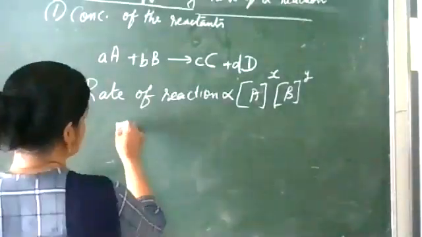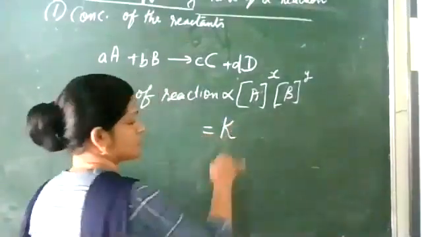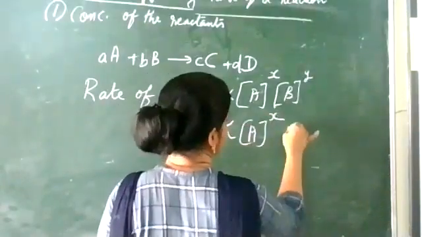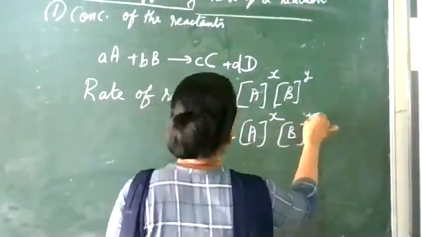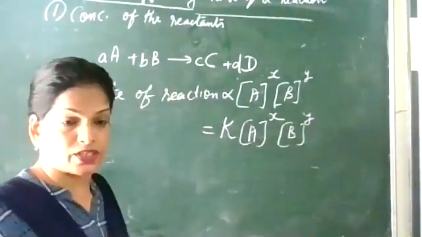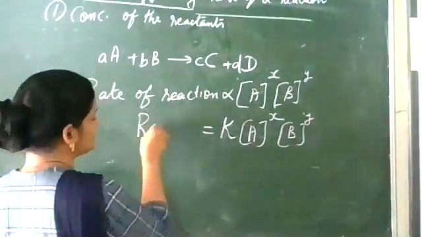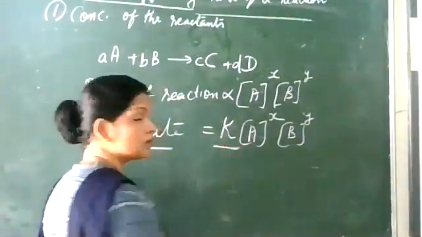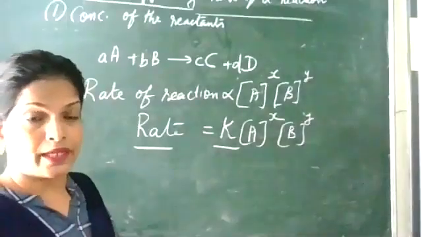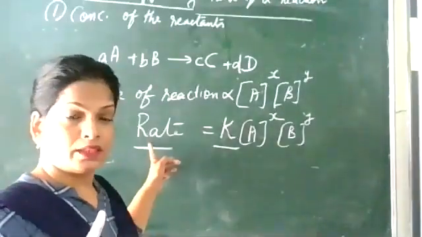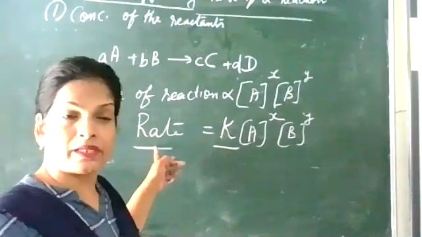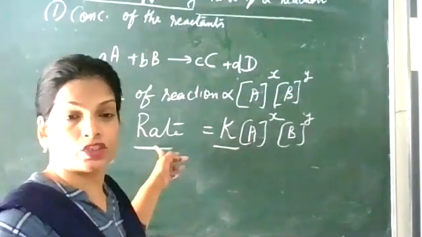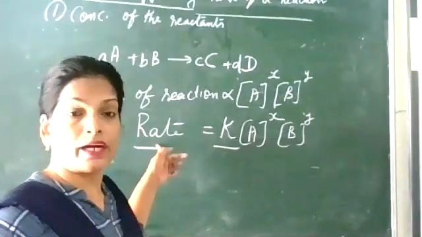So the rate of this reaction is equal to a constant K times [A] to the power x and [B] to the power y. The rate and the rate constant are both different. Rate may be average rate, instantaneous rate, or differential rate, dx by dt.